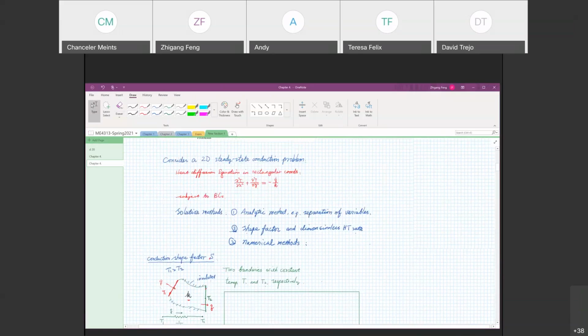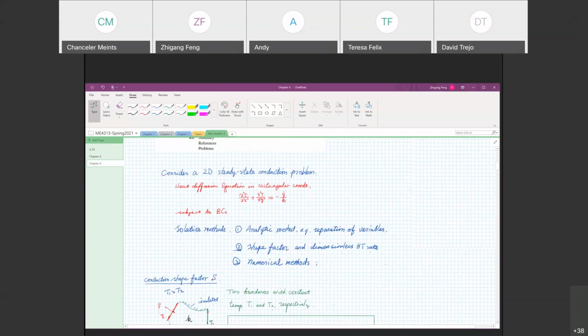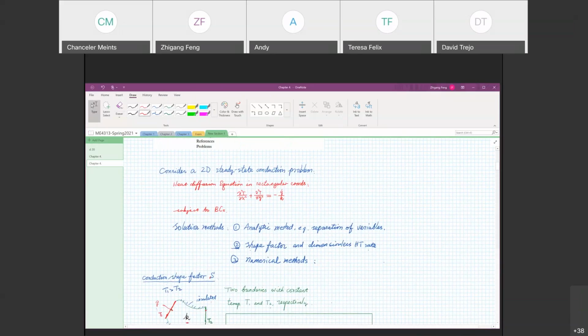The overview of two-dimensional steady-state conduction. To solve a conduction problem, we need the heat diffusion equation. Now this is the heat diffusion equation for two-dimensional because it contains two variables x and y. Steady state because we drop the partial T over partial t, so we drop the transient term.